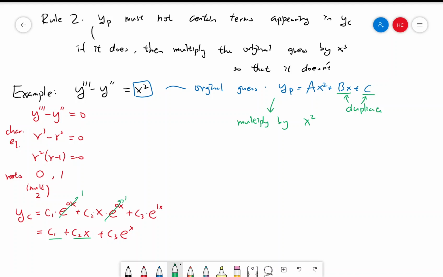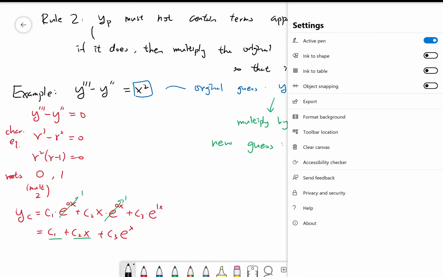So the new guess is YP equals ax to the fourth plus bx cubed plus cx squared. Now there's no duplicates. And we can use this to solve for A, B, and C. We're not going to do this again.